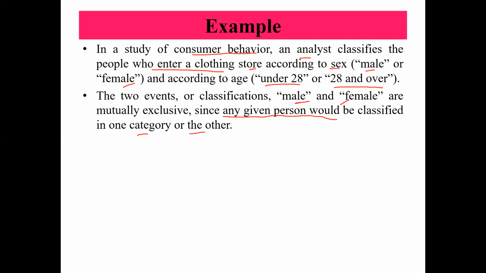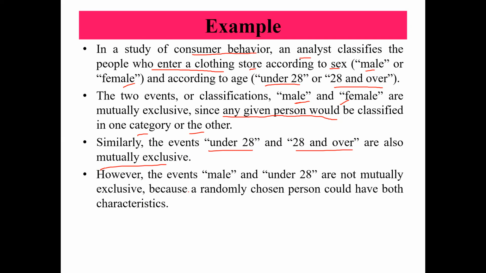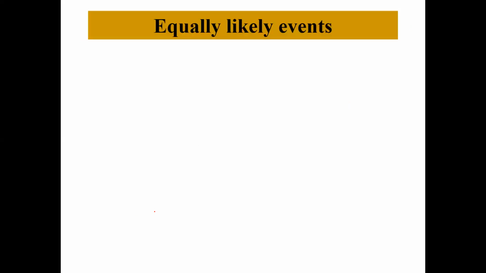Similarly, the events under 28 and 28 and over are also mutually exclusive. However, the events male and under 28 are not mutually exclusive, because a randomly chosen person could have both characteristics. This is the basic example of mutually exclusive events.